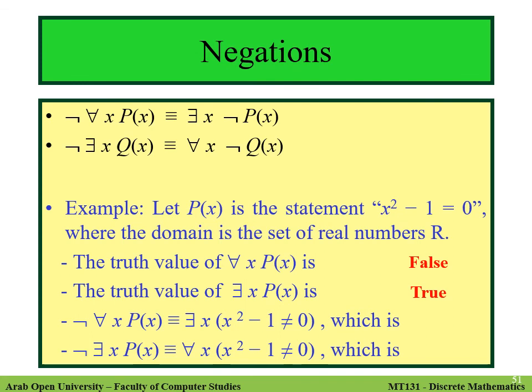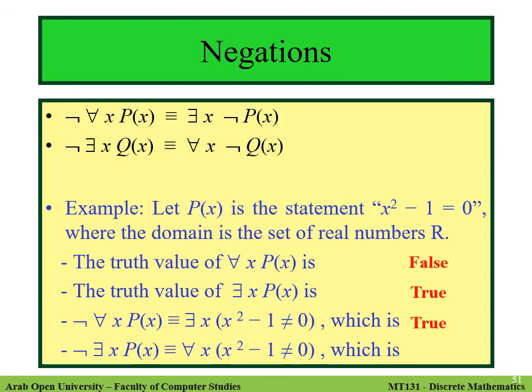Is this statement true? Well, there are many values of x where x squared minus 1 doesn't equal 0. So this is a true statement. This is expected since this statement is the negation of the statement for all x, P of x, which happens to be false. The negation of a false statement will be true.